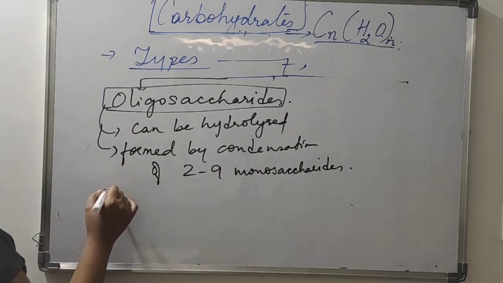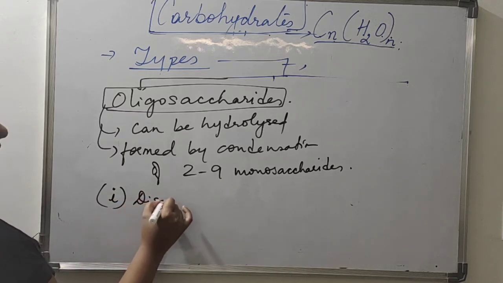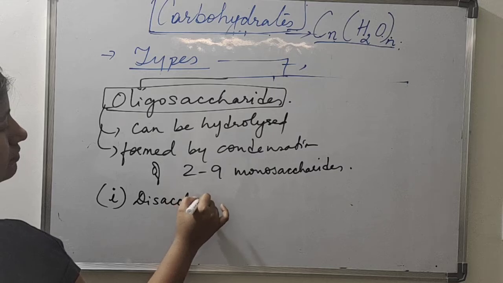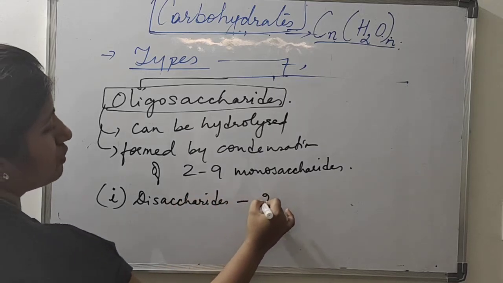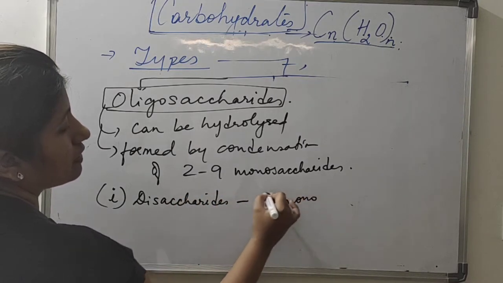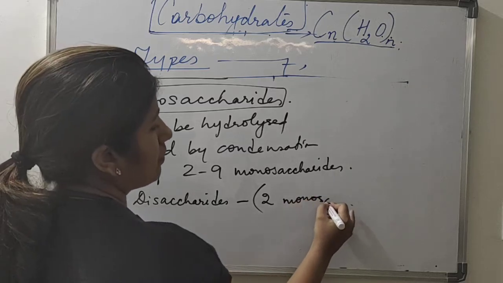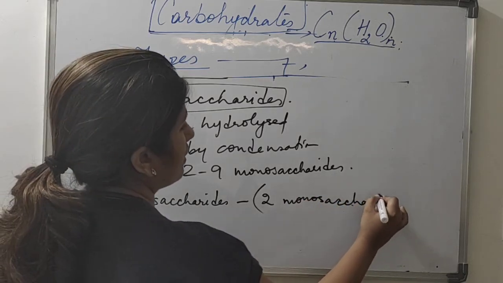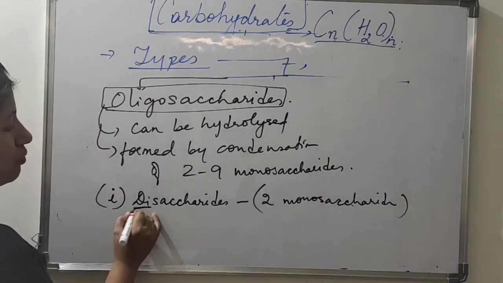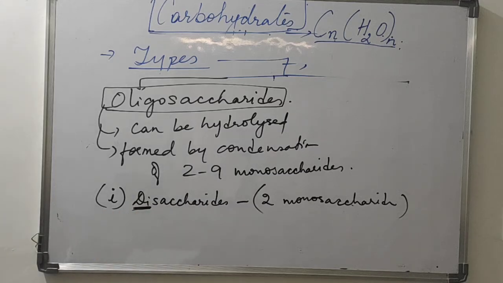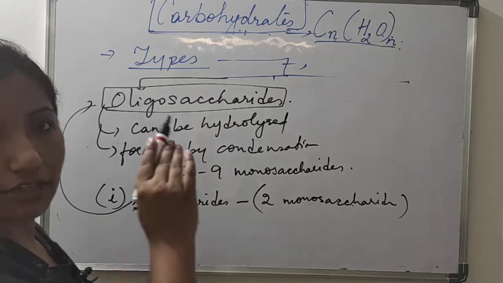So there are 3 different types of oligosaccharide. Number 1, disaccharides, which are made up of 2 monosaccharides, so that's why it is called disaccharides. So what is disaccharide? It is an oligosaccharide. Remember this chain.